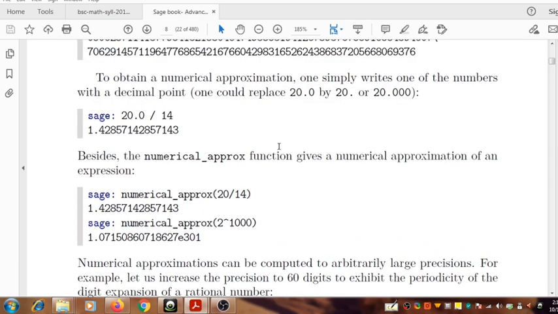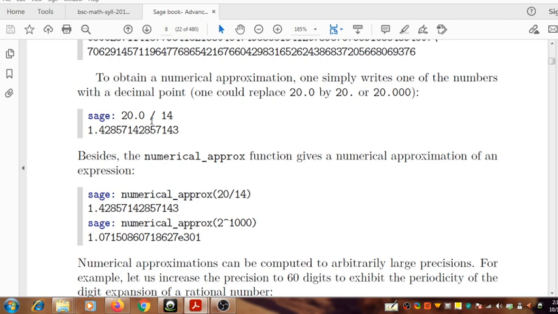First, let us see the division operation. Consider this fraction, 20.0 divided by 14. When we type it in SageMath in the Jupyter notebook, we get this output.